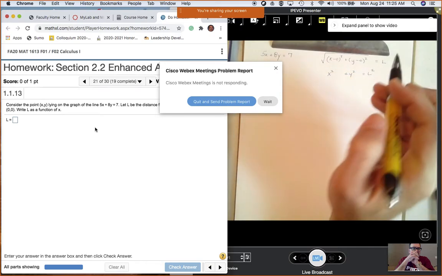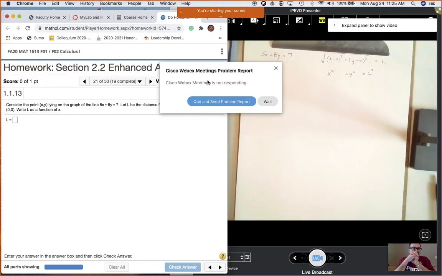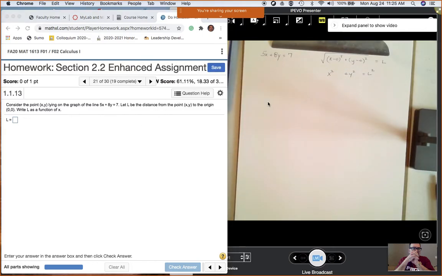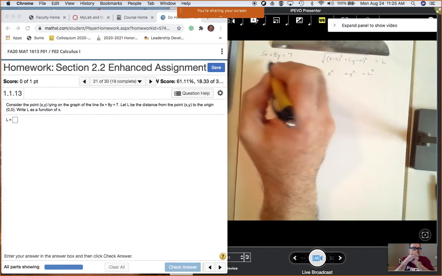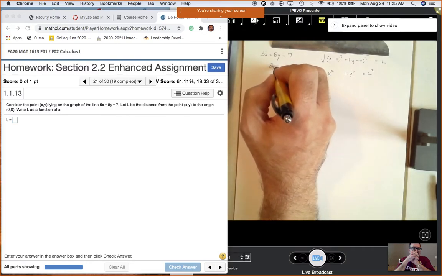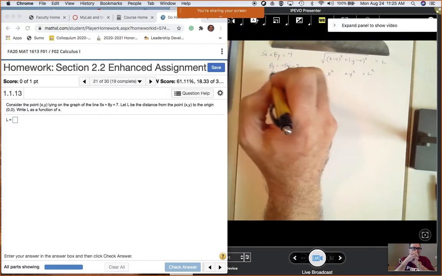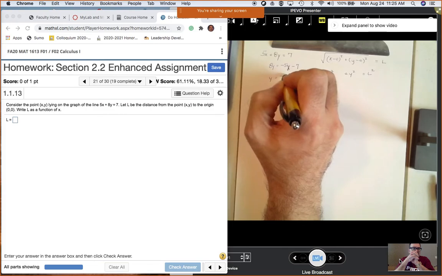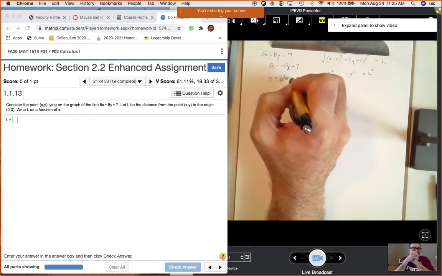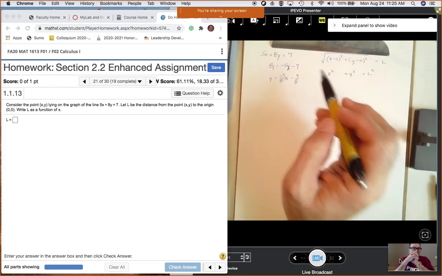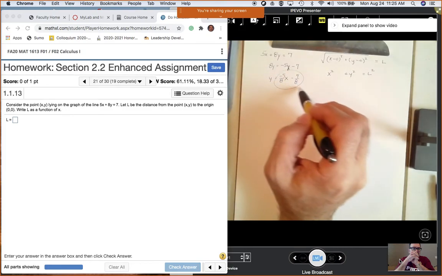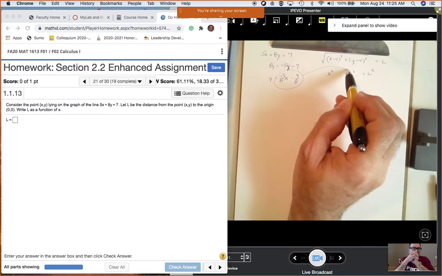If we change this up a little bit, solve this for y, that equals minus 5/8 x minus 7/8. And since this value is y, we can plug that right here.